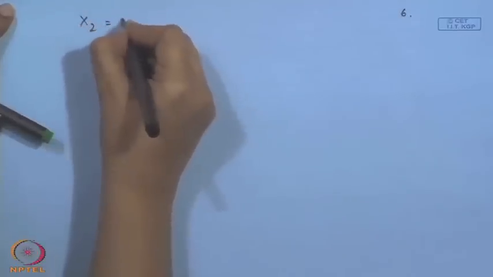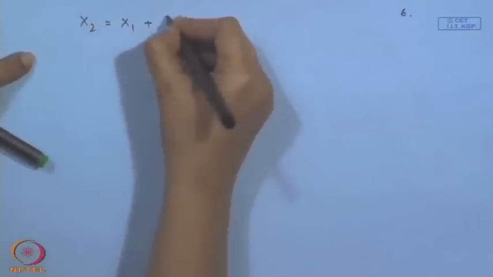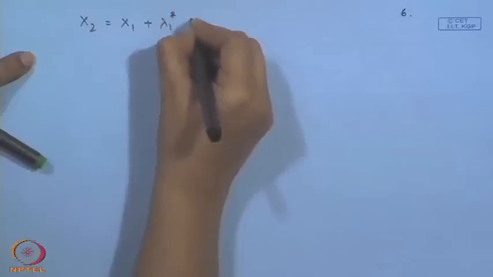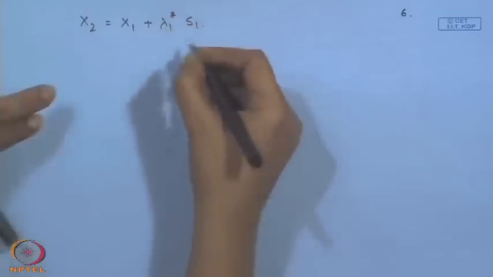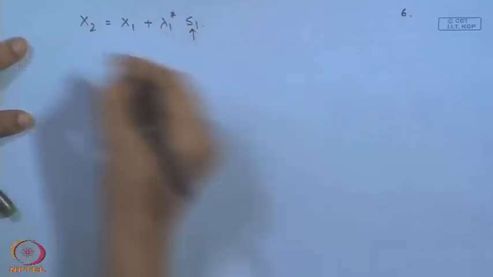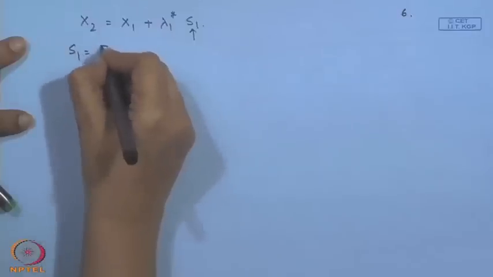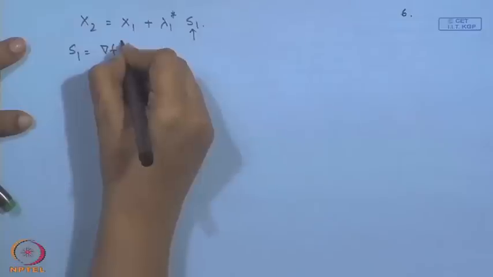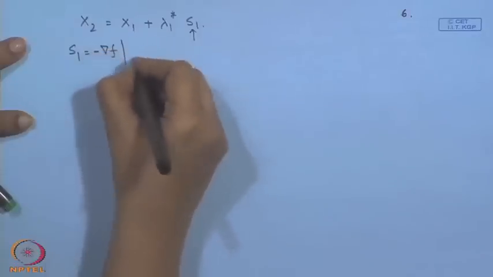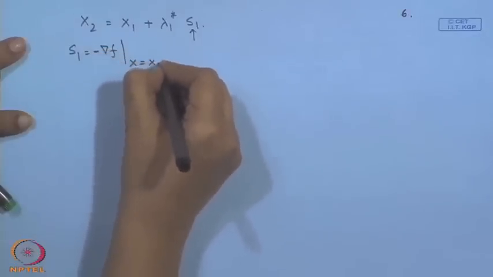Now, x1 we got, that is why let us move to the next point, that is my x2. What is x2 again? x2 would be equal to x1 plus lambda1 star S1. First of all, we need to find S1. What is S1? S1 is minus of grad f at the point x equal to x1.